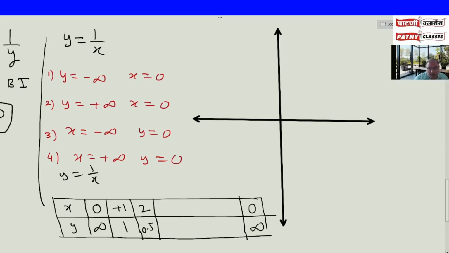The y value has become 0.5, and if I take 3, y value 0.33, and if I take 4, 5, 6, then y values are 0.25, 0.2, and 0.1. Now by using these values, we shall draw the graph.